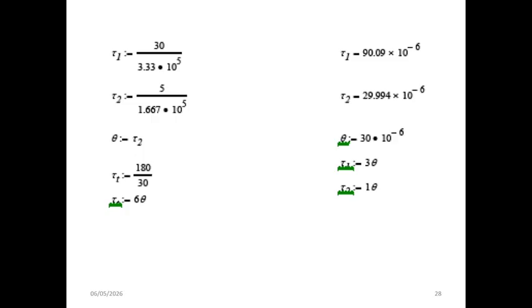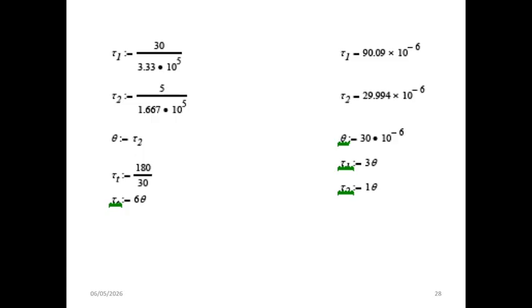Next, the base time step theta is selected, which is taken as the travel time of the shorter line, around 30 microseconds. This choice simplifies the analysis by allowing all events to be expressed as multiples of a common time unit.